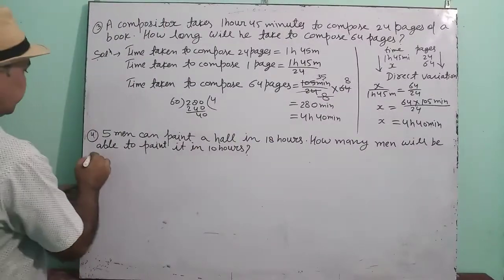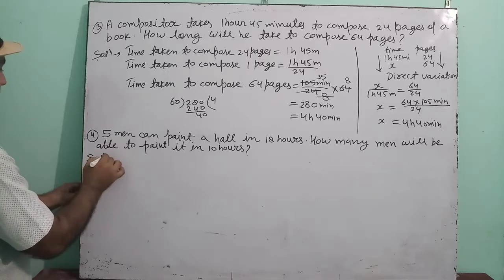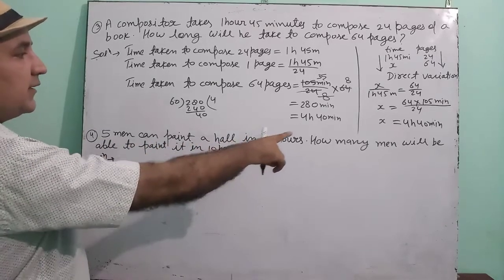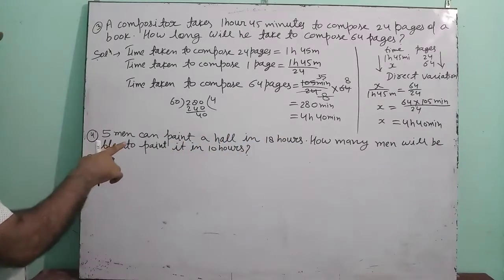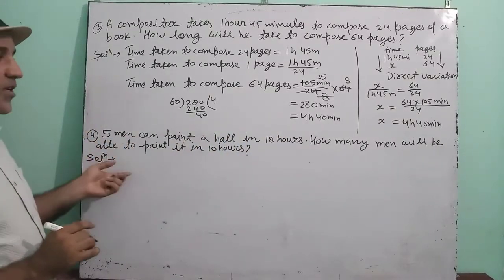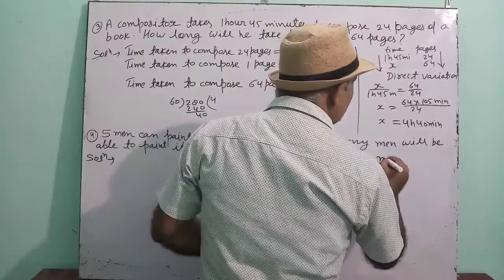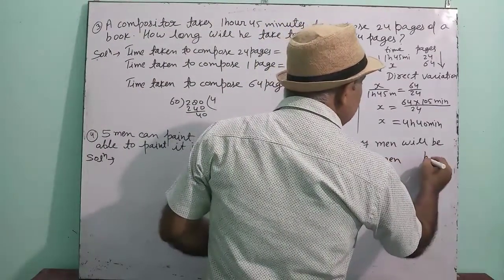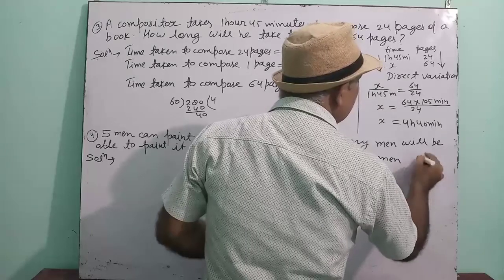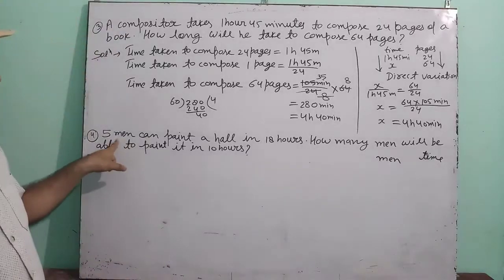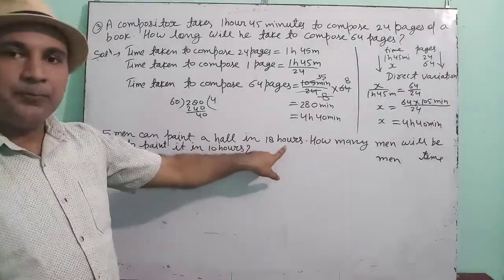One more question. 5 men can paint a hall in 18 hours. Then how many men will be able to paint it in 10 hours? See, first I am telling you the second method. How will you write? There are 2 quantities, number of men and time.